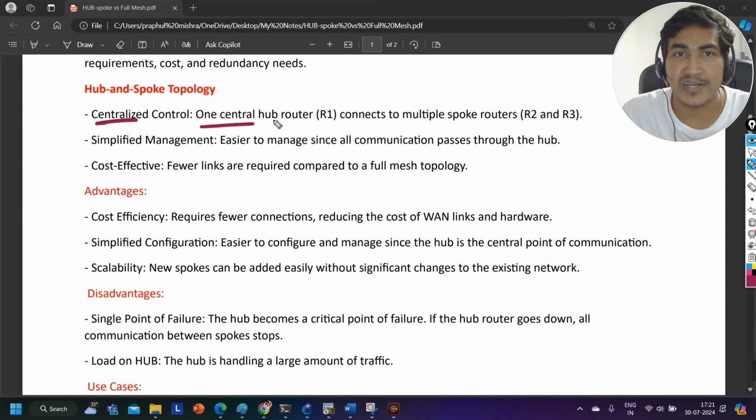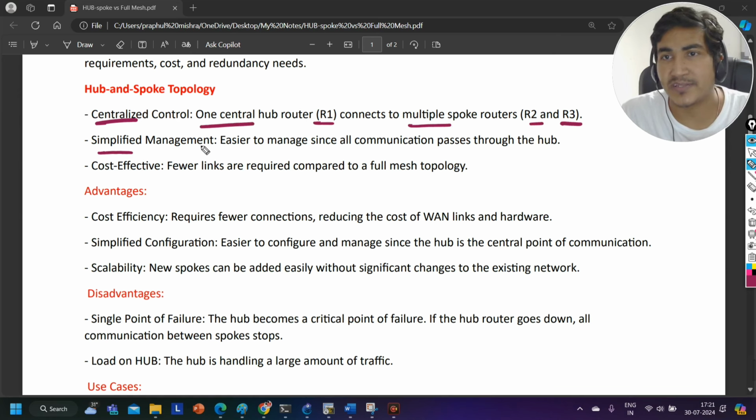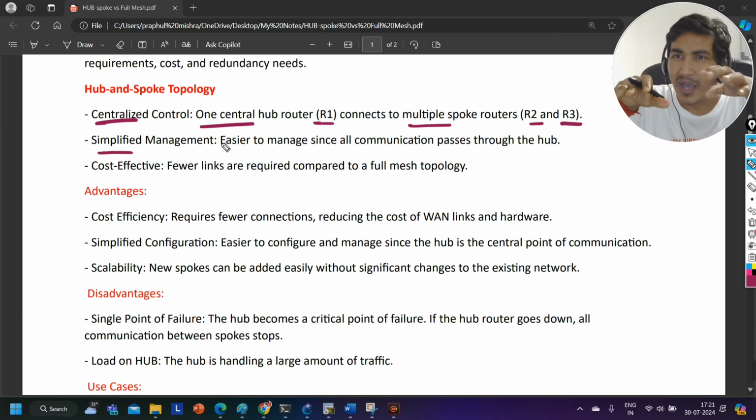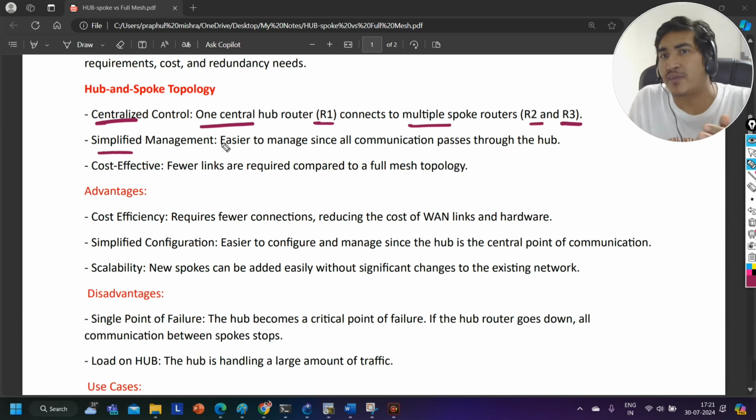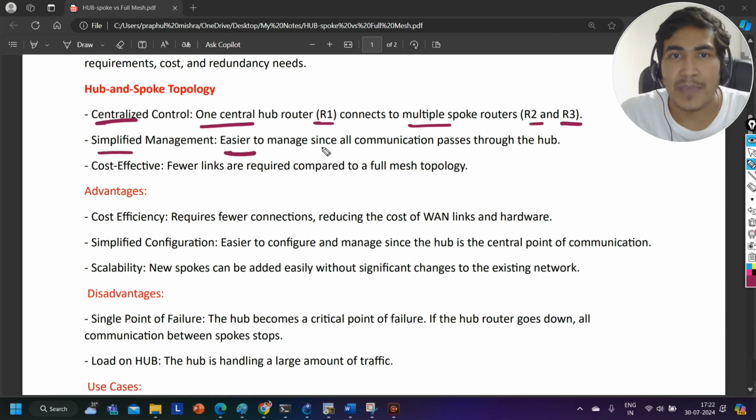One central hub router, that is R1, connects with multiple spoke routers like R2 and R3 in my scenario. Simplified management. As the hub router is going to manage all branch offices, all branch offices are connected with the hub router. Management is also easy. You can manage the entire network from the hub router, since all communication passes through the hub, right?